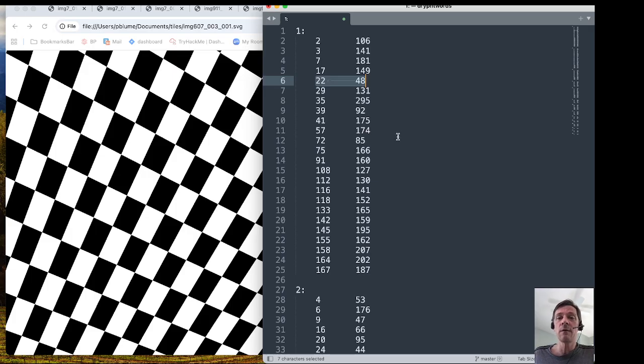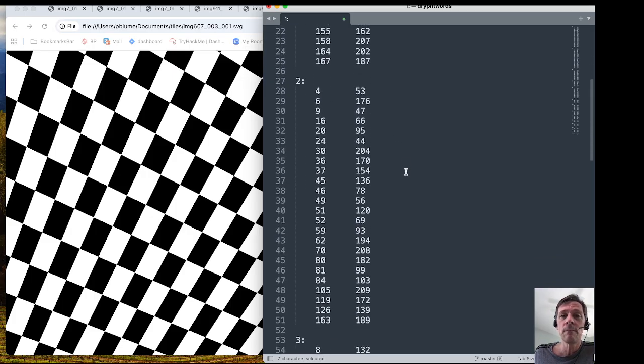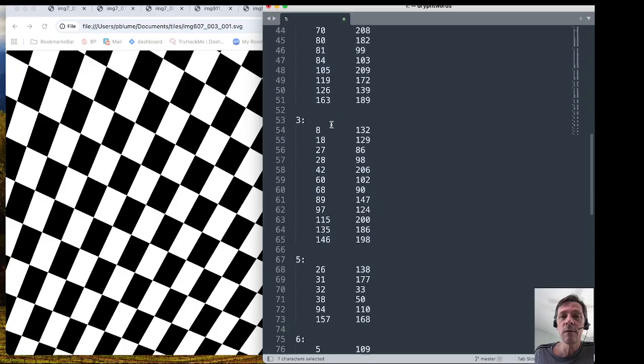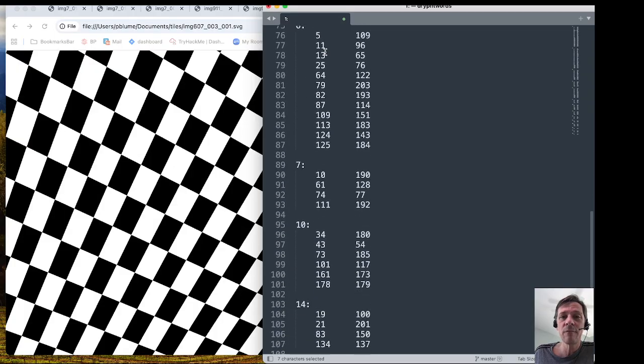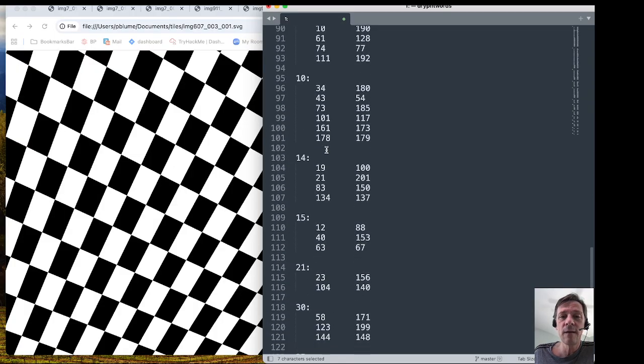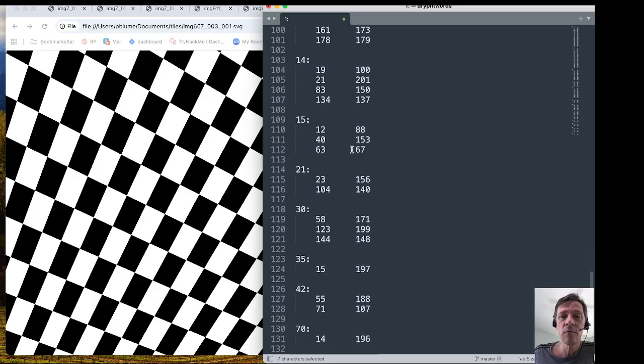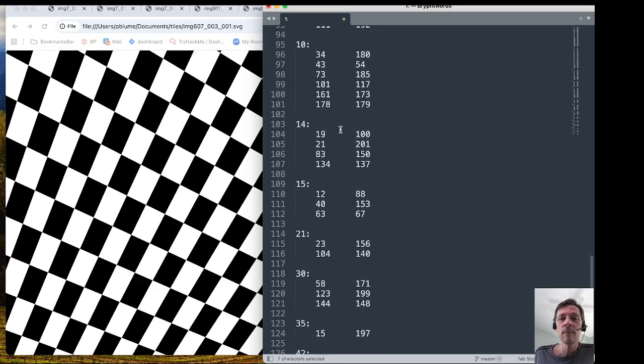Those pairs of polygons are the same. These are the ones that form 2 polygons, that form 3, that form 5, 6, 7, 10, 14 polygons, 15, 21, 30 polygons, 35, 42, and 70.